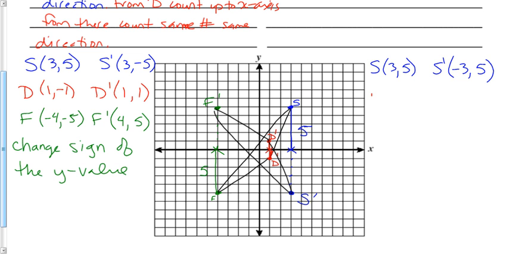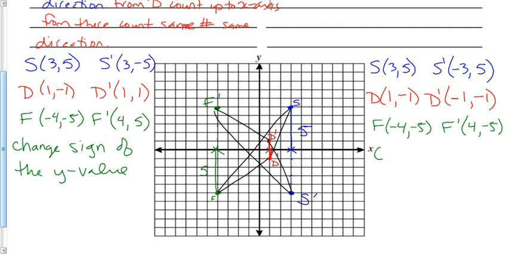D was at (1, -1). D prime would be at (-1, -1). And F was at (-4, -5). F prime would be at (4, -5). And then you change the sign of the x values.